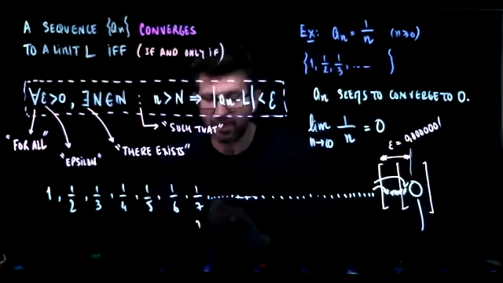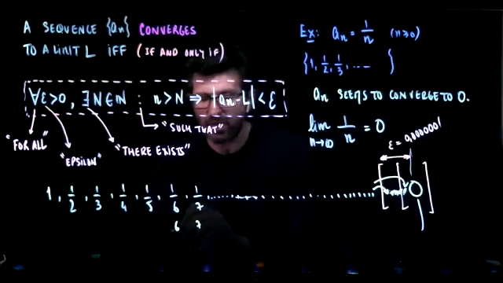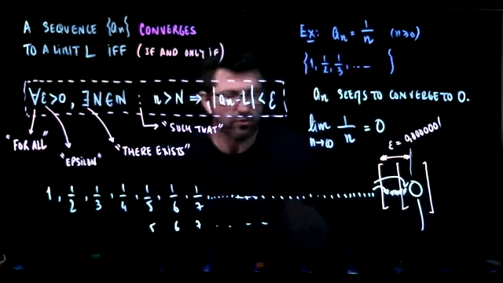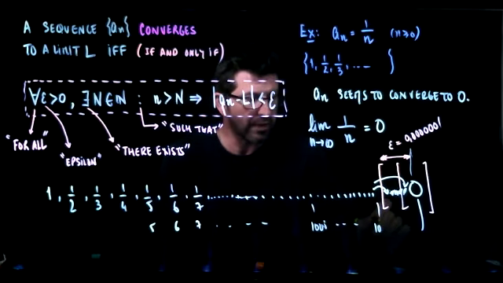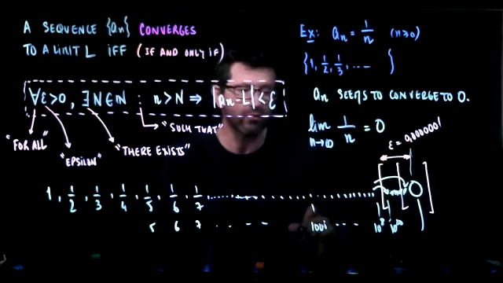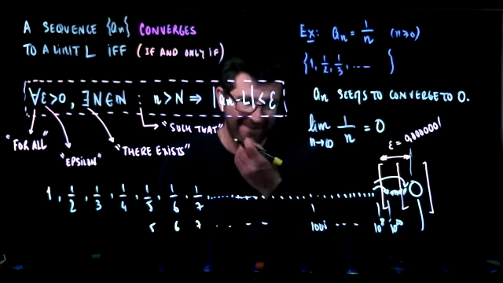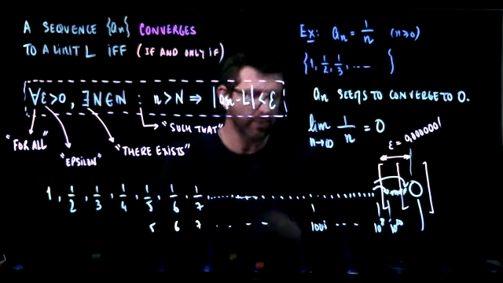So this is the 7th, 6th, 5th term. Here I have the 1000th term, here I have the 10^8th term, and then here I have the 10^20th term. I'm inside. Understand? Okay.